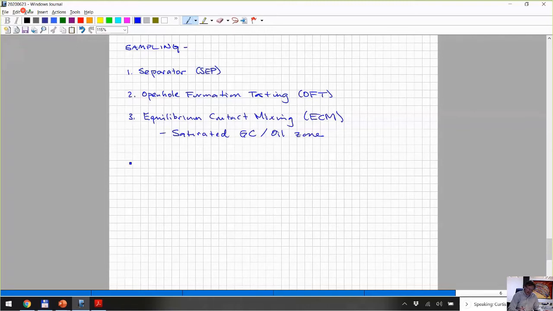And then what's really a kind of footnote to separator testing is this isokinetic version of separator sampling.